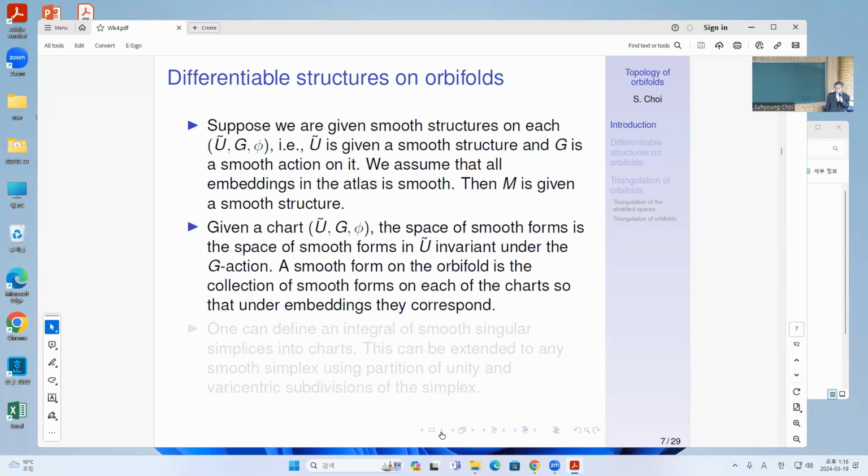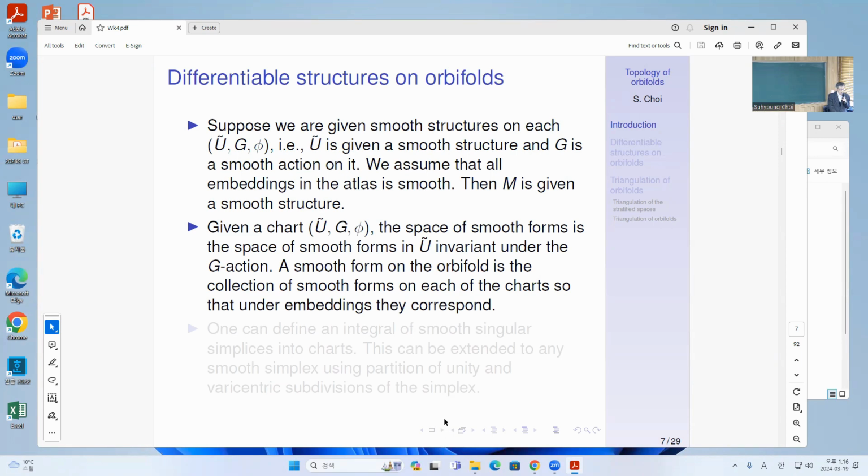Or the smooth structure is a maximal collection of those types of atlases which are compatible. And so given a chart, the space of smooth forms on it is the space of smooth forms on U tilde invariant under the G action. So for each chart you can define this smooth form.